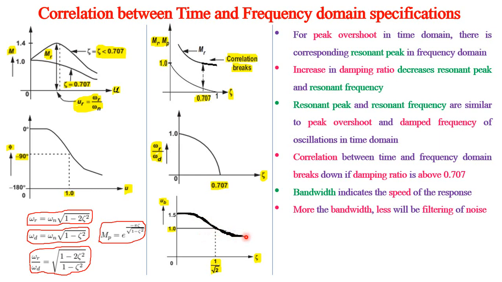So more the bandwidth, generally in communication we say more the bandwidth means noise will enter the system. Therefore filtering of noise will be less. However, more the bandwidth means speed will be more. Therefore generally bandwidth indicates or depicts the noise filtering characteristic of the system.